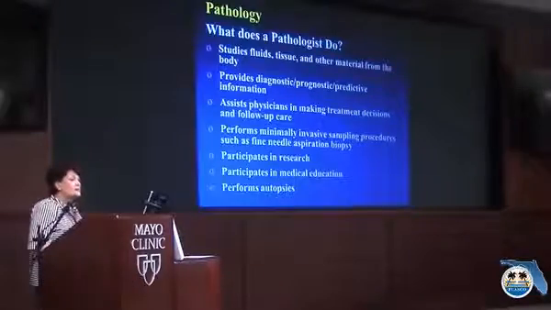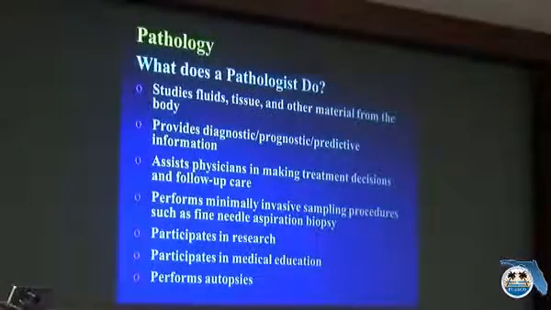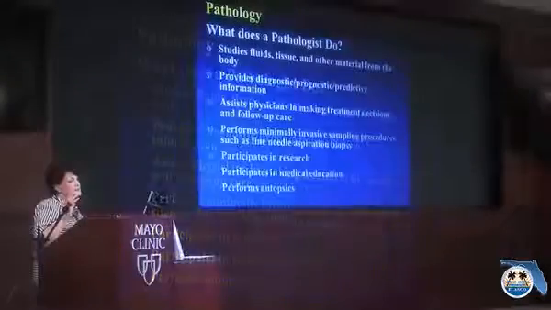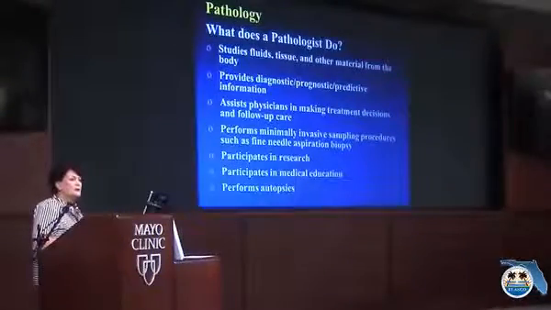We provide diagnostic information, also prognostic and predictive information, meaning that not only do we say that this is cancer or not cancer, but if it is cancer, what kind of cancer, and what is really the characteristic of that tumor upon which individualized therapy can practically be planned.